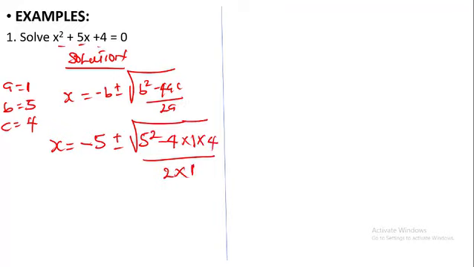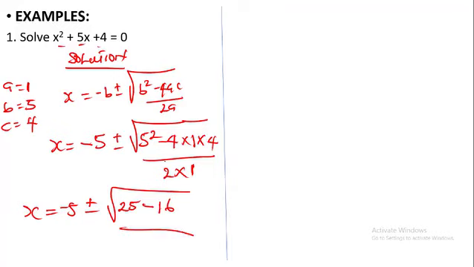Is 1. Okay, x is equal to minus 5 plus or minus square root of 5 squared is 25, minus 4 times 1, which will give us minus 4, and minus 4 times 4 will give us minus 16. Okay, and then we have 2 times 1, 2.